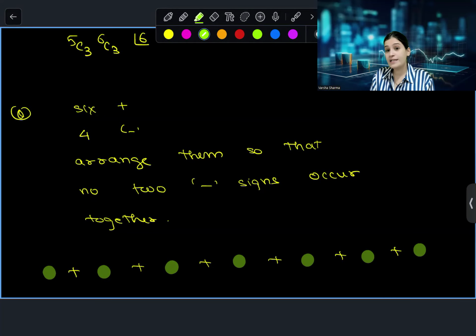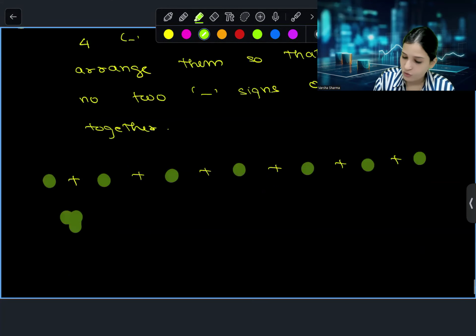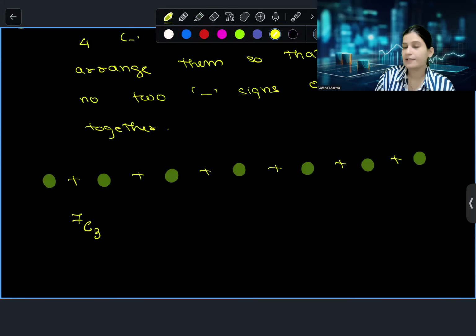Select, ma'am. Only select, because minus signs are all identical to each other. So from 7, only select 4 positions. Am I clear?